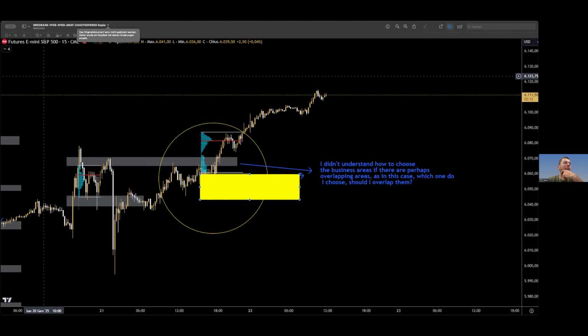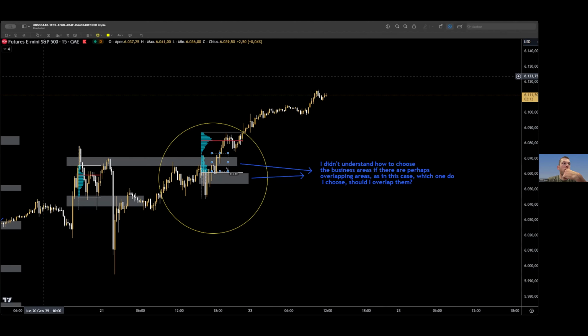So you create a business zone like here. In this case, this business zone is from the day before, until this area. And for this day that is finished here, because here's the 22nd, the day is finished here, there is no overlapping business zone.